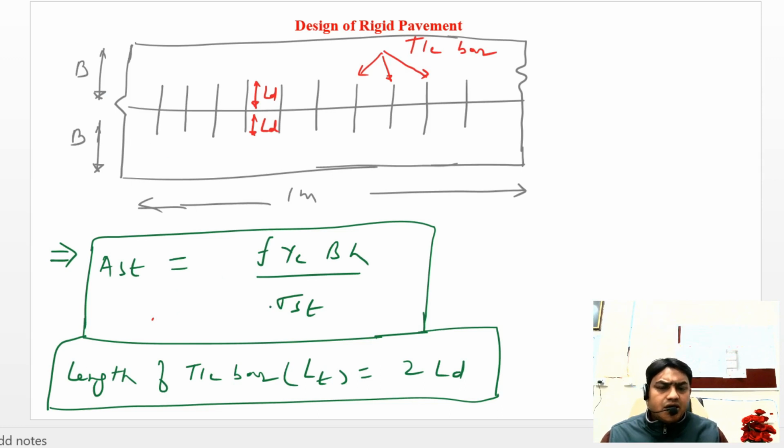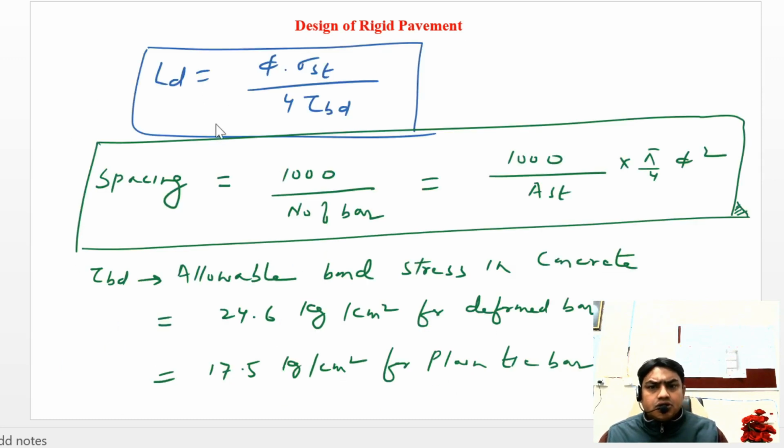Area of steel can be computed as sigma st into AST is equal to F into gamma C into B into H, and the length of tie bar can be computed as 2 times LD, where LD is the development length. LD can be computed by phi into sigma st by 4 tau BD, where phi is the diameter of the bar and tau BD is the allowable bond stress in concrete, and sigma st we have already discussed.